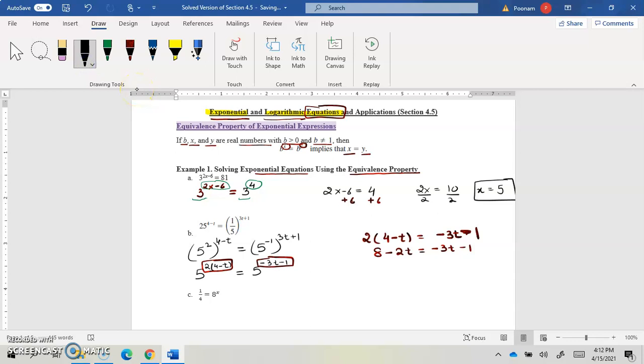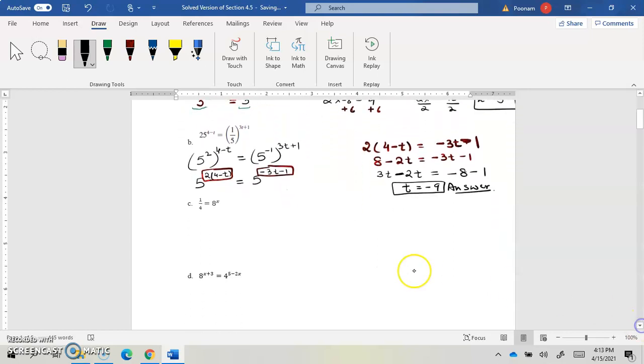So we can add 3t on both sides, and subtract 8 on both sides. 3t minus 2t is t, and t is equal to negative 9. So we found the value of the variable. That is your answer.